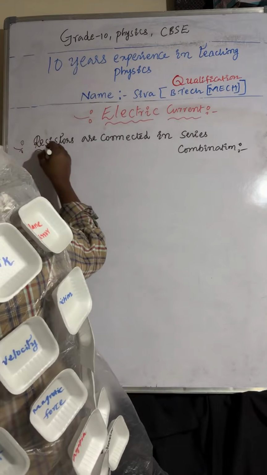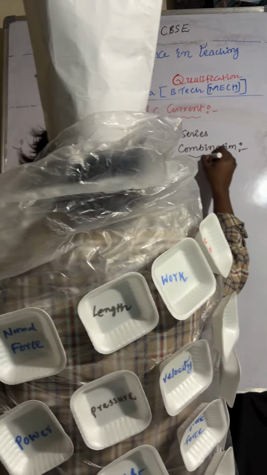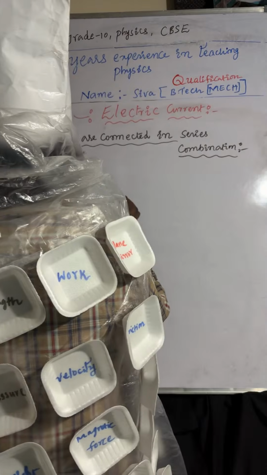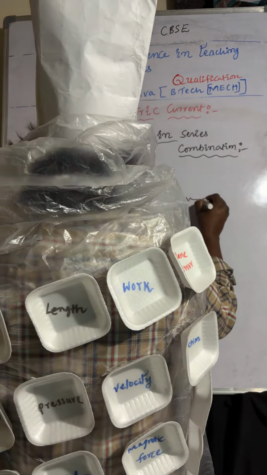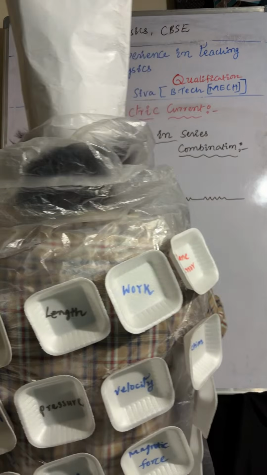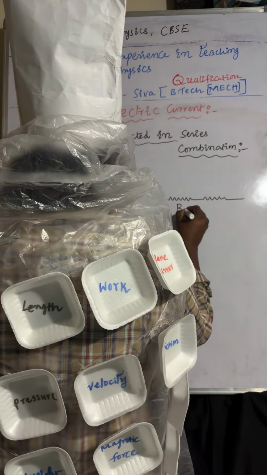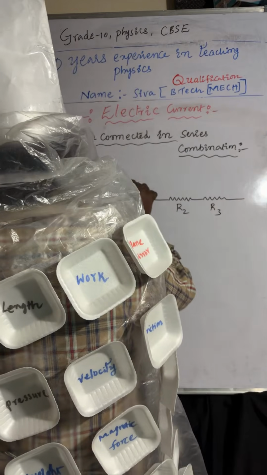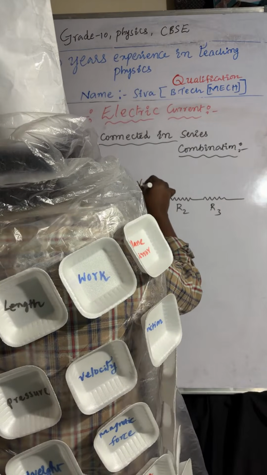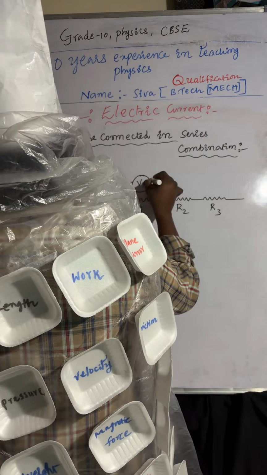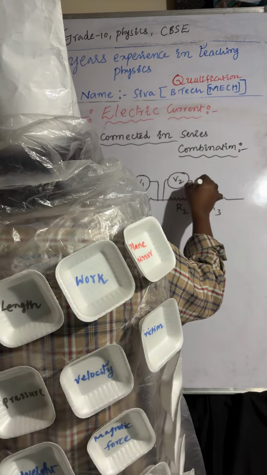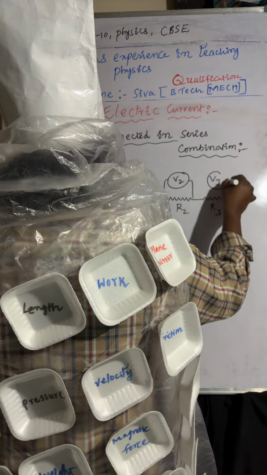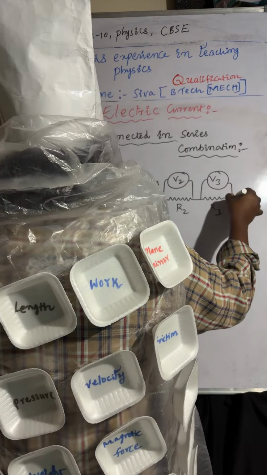So now we can check. I am taking 3 resistors, R1, R2 and R3. Across R1 I'm connecting V1, across R2 I'm connecting V2, and across R3 I'm connecting V3.